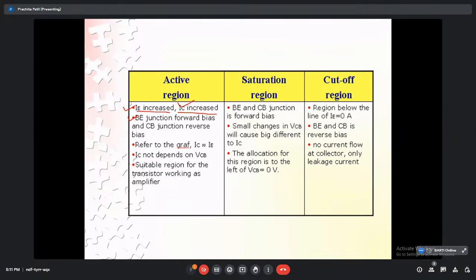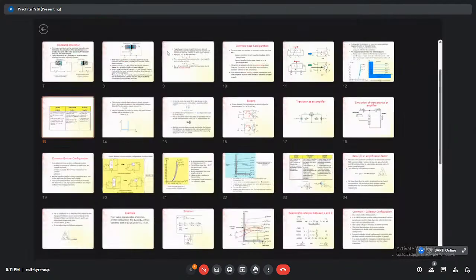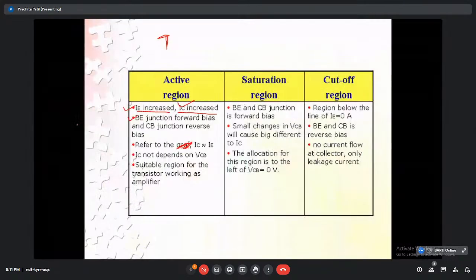So initially I told you for the normal operation, and refer to the earlier graph. So IC is approximately equal to IE. As I have mentioned already, why is it so? Because we have this equation, a very important equation: IE is equal to IB plus IC.